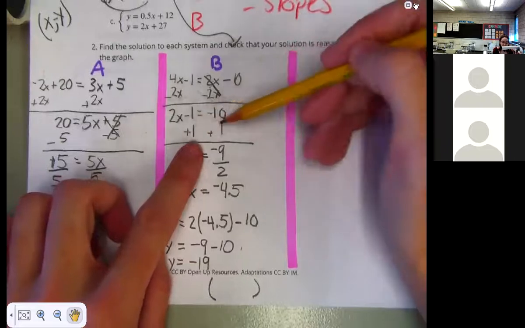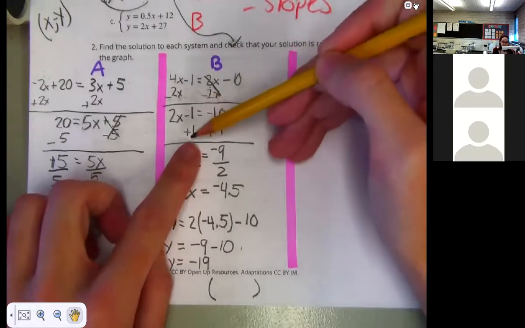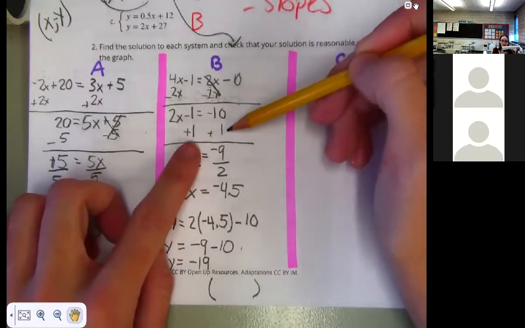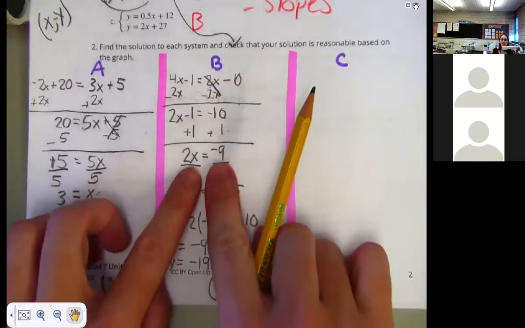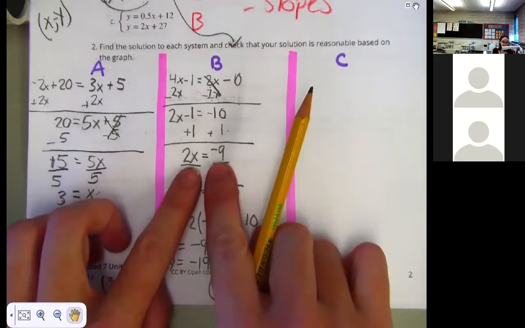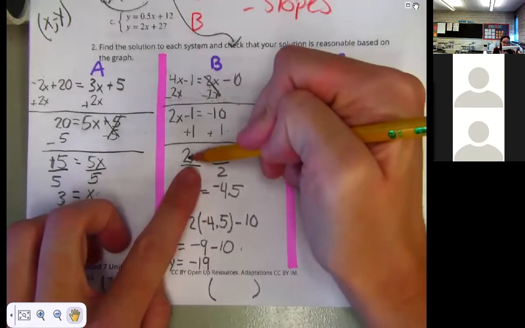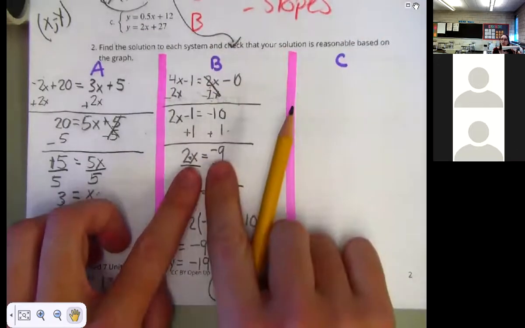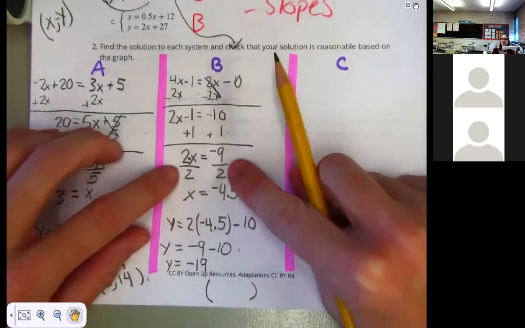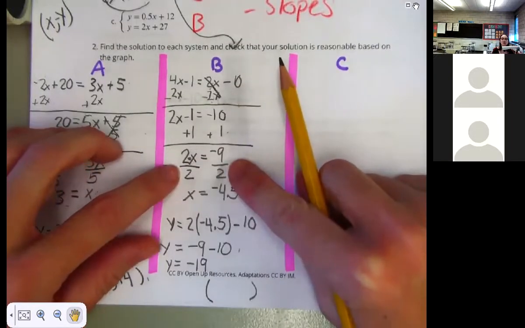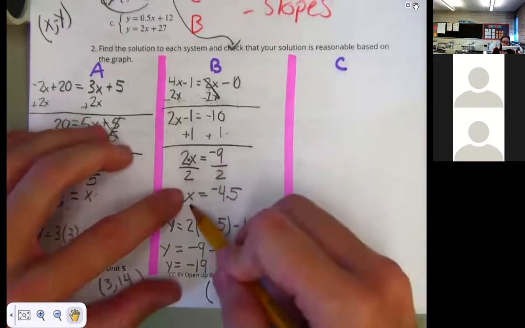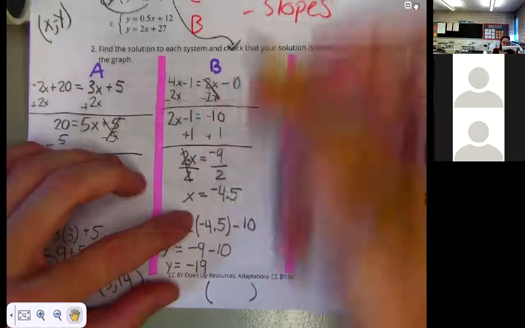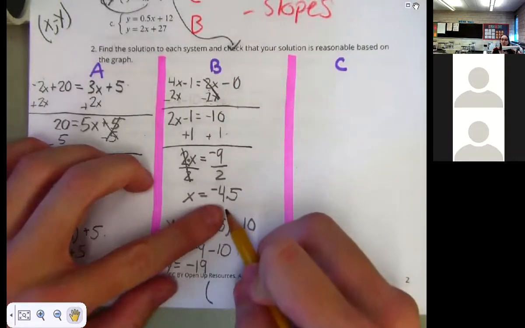So I added, because it's a negative 1, so I add 1 to each side. I'm left with 2x is equal to negative 9. To isolate or get this x by itself, to undo this multiplication here, I need to divide each side by 2 to maintain equity, okay? And when I do that, I'm left with just an x is equal to negative 4.5.